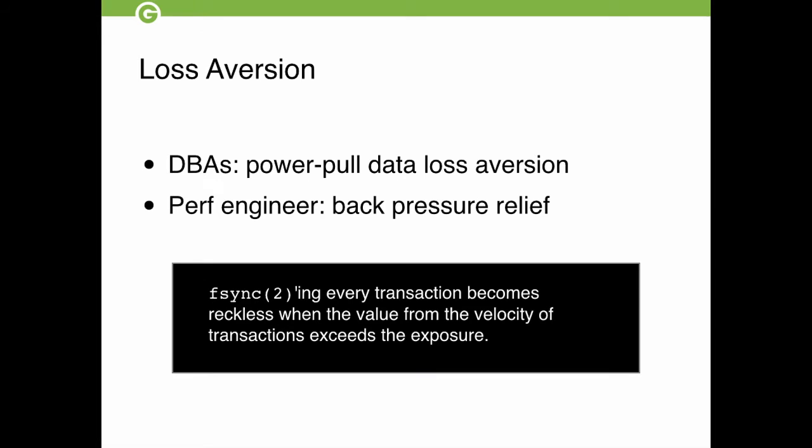Inside of a single system, fsyncing every transaction is basically reckless. There's a certain amount of exposure, and there's a trade-off. If you're doing low volumes of transactions, fine, fsync, it doesn't matter. But at some point, I only want you to fsync periodically because I really need the performance and the velocity.